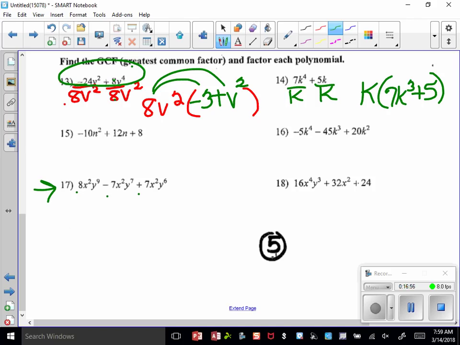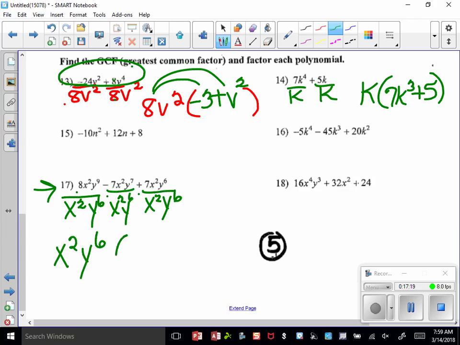X squared. What is the smallest power of the y terms? 6, very good. So that's your GCF: x squared, y to the 6.